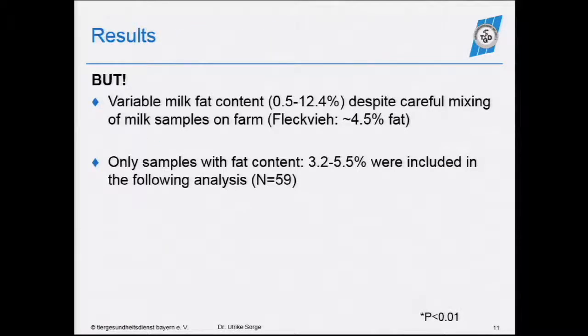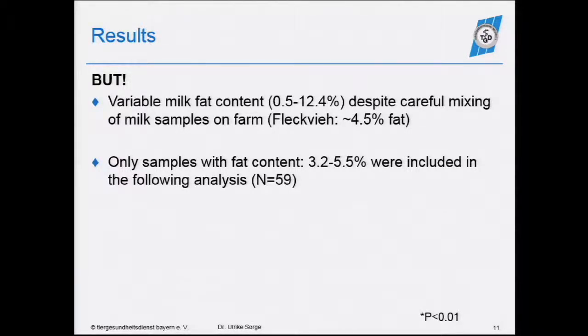Maybe it's something else. And then I looked at the fat content of our samples that we carefully mixed on farm and realized that we maybe didn't mix them properly either on farm or in the laboratory, which hopefully we did, but regardless, no normal cow has 0.5 or 12% fat in her milk.